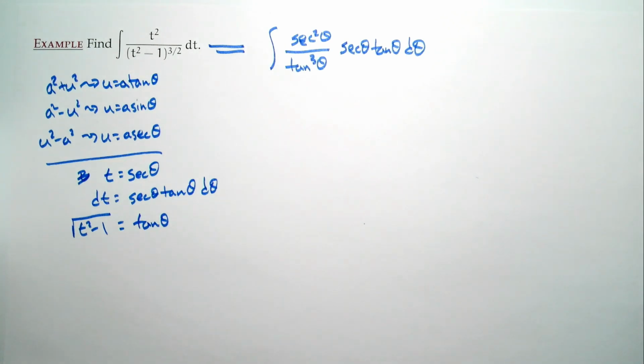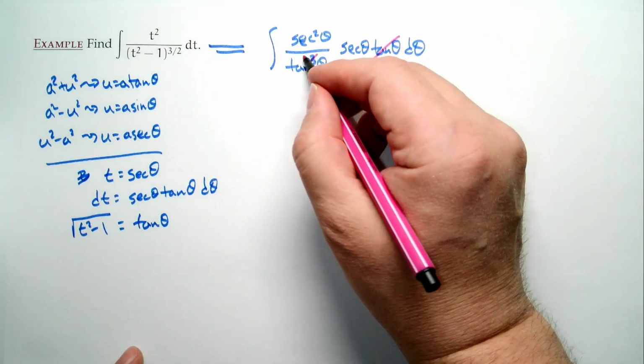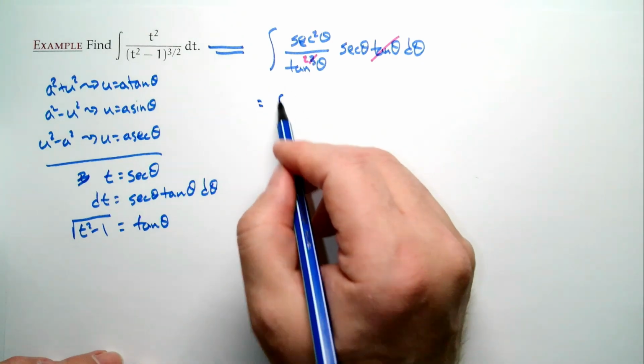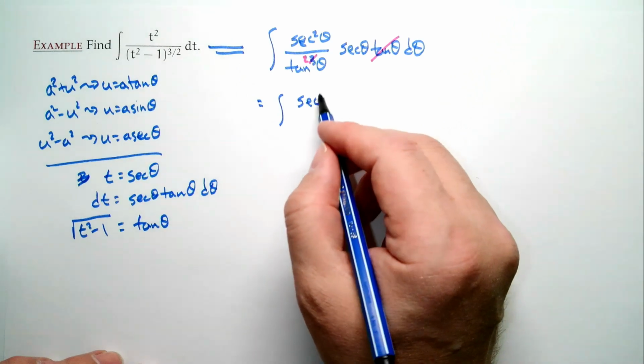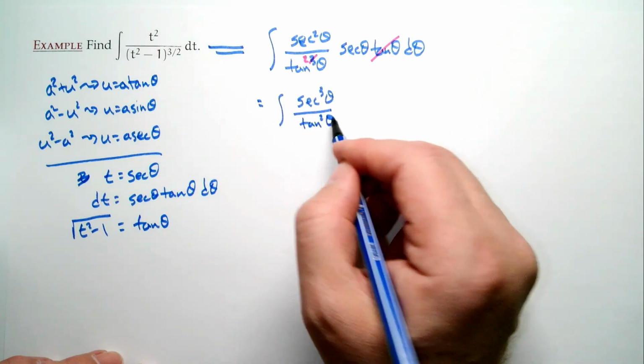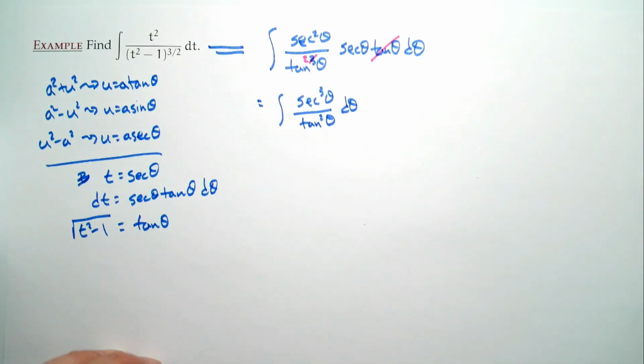We can certainly knock out a single tangent, so there's a tangent squared, and we can combine the secants together. So we get the integral of secant cubed theta over tangent squared theta, d theta. All right, what can we do?